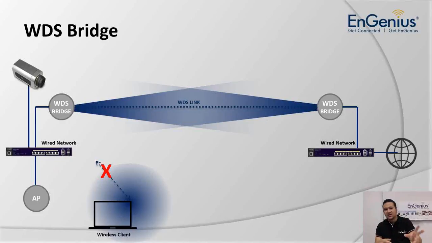In this example, an ECB 350 has 8 possibilities to make a bridge, but depending on the model, some models only have the capability to do 4 WDS bridge connections. So if you want to use it, you also need to verify the specifications of the models.